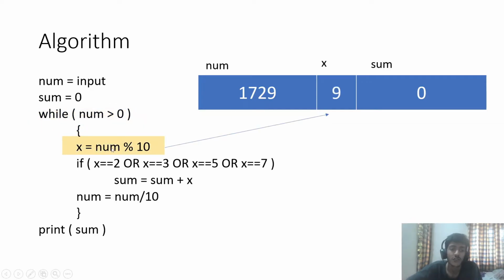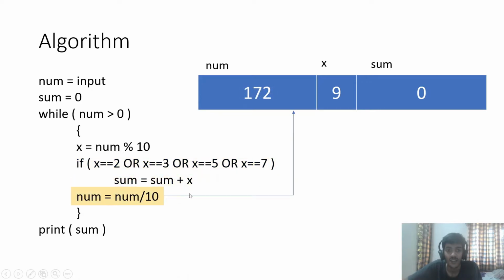So x is equal to num mod 10, that's 9. And if x is equal to 2 or 3 or 5 or 7, x is not equal to any of those, so we don't execute the body of the if statement. And so we divide num by 10, so it becomes 172. It was 1729. When divided by 10, it becomes 172.